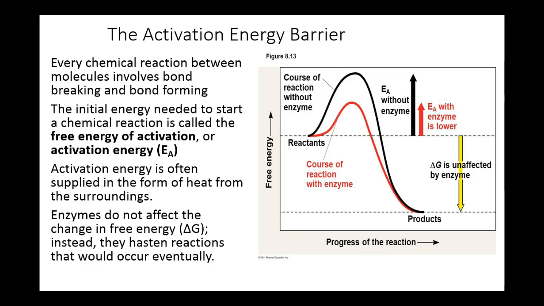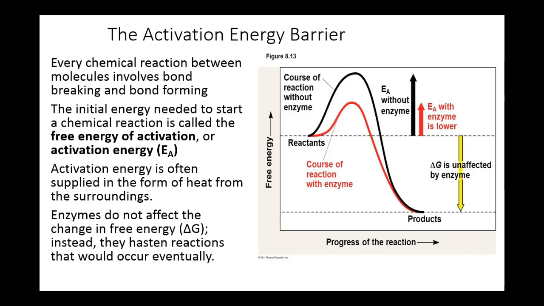Whenever we see that capital E small a, we think of reaction activation energy. So free energy of activation, or activation energy, is abbreviated as E sub a. And every reaction that happens in the body has an activation energy. The catalysts, the enzymes, lower that activation energy. They don't affect the change in free energy.